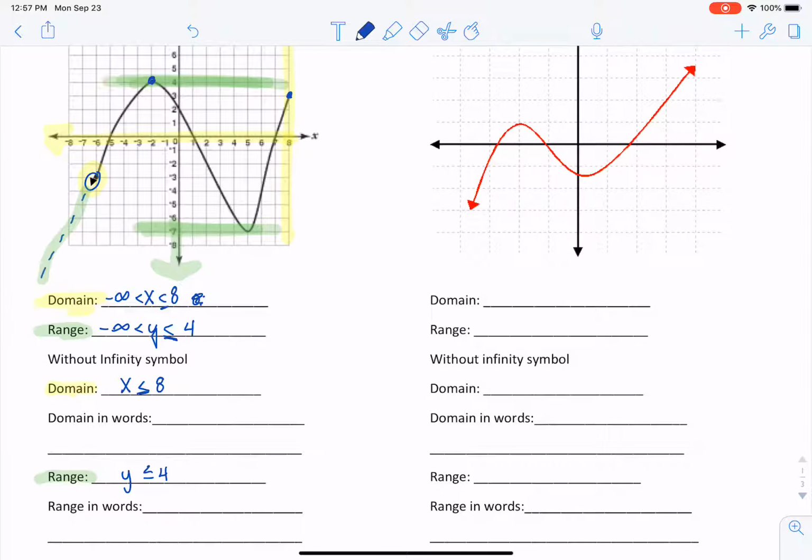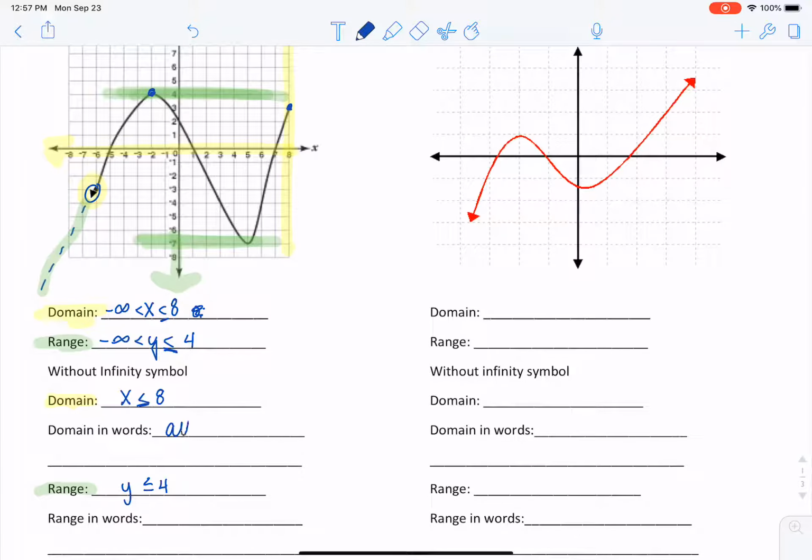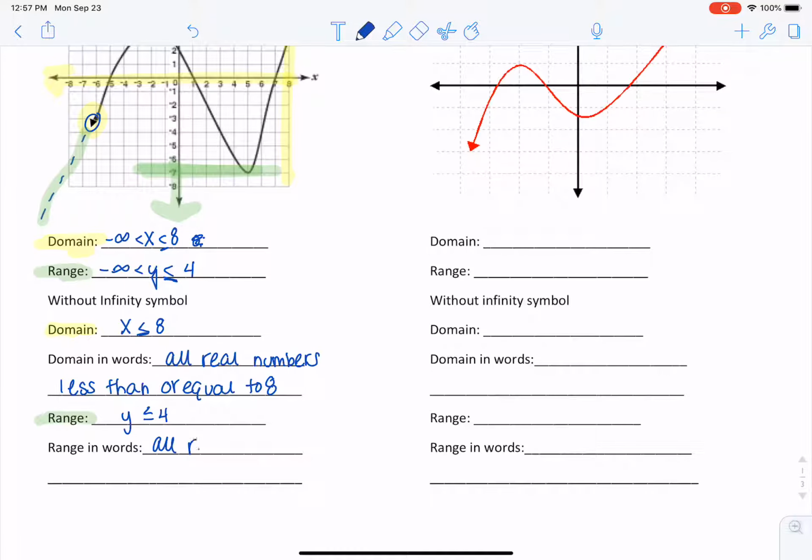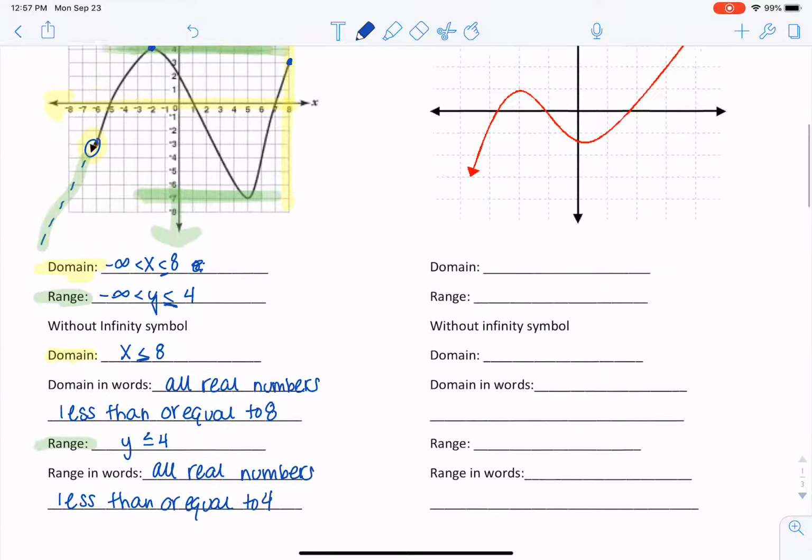So the domain in words, we say that x is all real numbers less than or equal to 8. And the range in words, we say that we have all real numbers less than or equal to 4. All right?